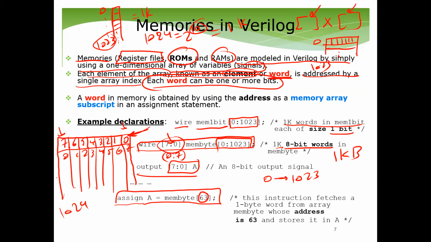So it will go to row 63, read out whatever value is stored here, and assign it to A. So this instruction fetches a 1-byte word from the array of membyte whose address is 63, and it will store this value to A.